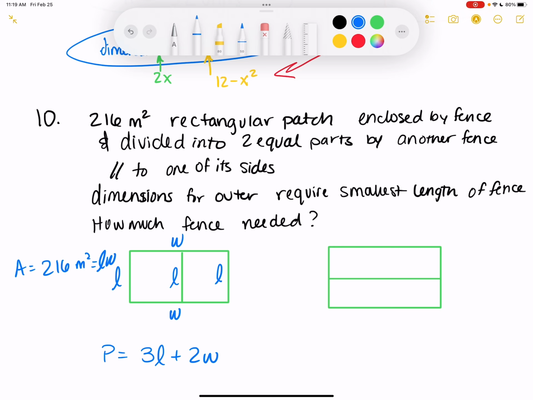Now, with this area equation up here, I can solve for one of the variables because I want everything in terms of one variable. Do you want me to solve for length or width? It really doesn't matter. I said width. So width is equal to 216 divided by length.